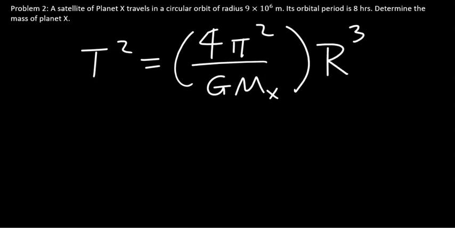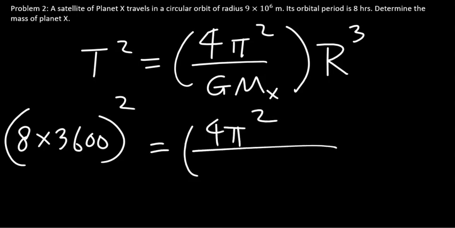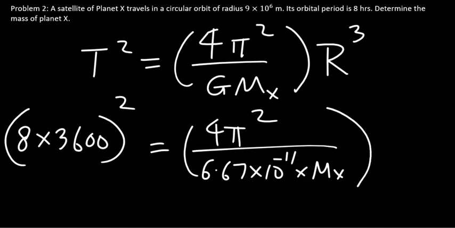Since we know the period is 8 hours, we have to change that to seconds, so that is 8 times 3600, since 1 hour has 3600 seconds in it, equals 4 pi squared over G, which is 6.67 times 10 to the power minus 11, times the mass of planet X, which we want to determine.